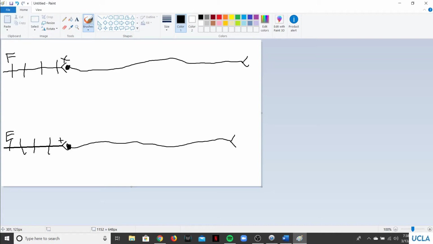So what happens is this actually has two branches, one that goes to the muscle and one that breaks off and comes to an inhibitory interneuron. Okay, so I just called this an inhibitory interneuron. What sign should be here?